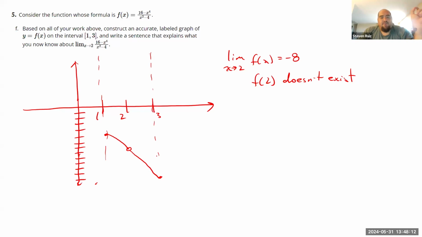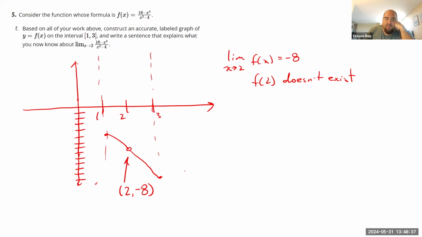So I know that as I approach from above and below, or from the left and the right, whichever way you want to look at it, the curve on either side approaches this point right here, which I'll now label as -8. So the limit exists there, but the function is not valued there.